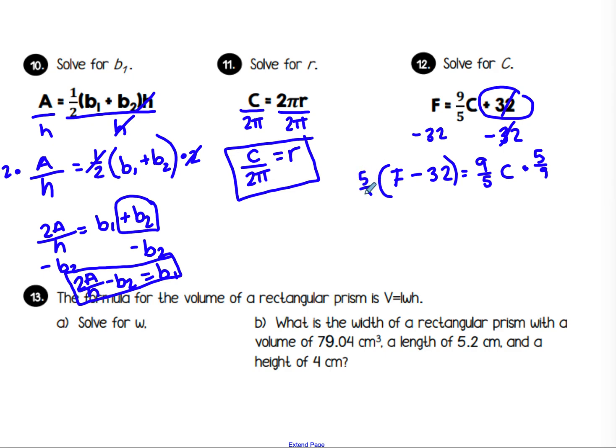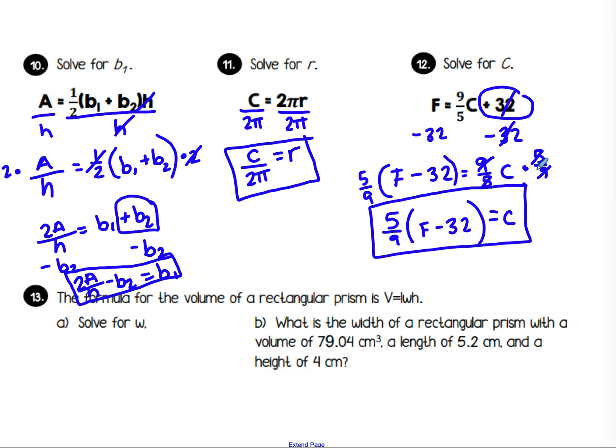And since I need to multiply the whole thing by 5/9, I'm just going to put parentheses around that part and put the 5/9 in the front. 9s cancel out, 5s cancel out. I'm left with C. 5/9 times the quantity F minus 32 is the formula I would have to use if I want to solve for a Celsius temperature.